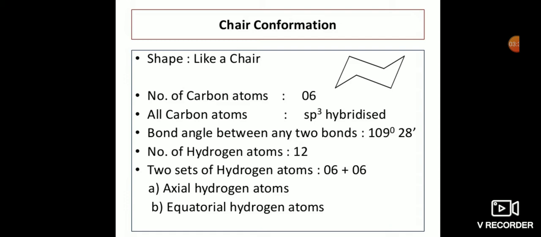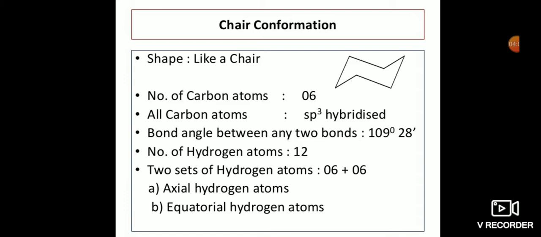So there are mainly two sets of hydrogen atoms, axial hydrogen atoms and equatorial hydrogen atoms. This is the overall information about the chair conformation.